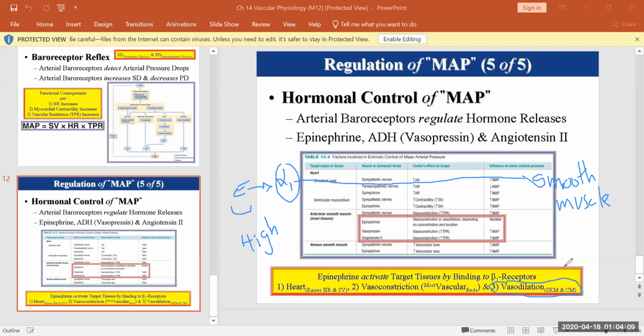So when you have high epinephrine running around and they start to activate alpha 1, the response is vasoconstriction, number 2 here. That's why I said most vascular bed, excluding skeletal muscle and cardiac muscle. Epinephrine will cause vasoconstriction under high concentration.